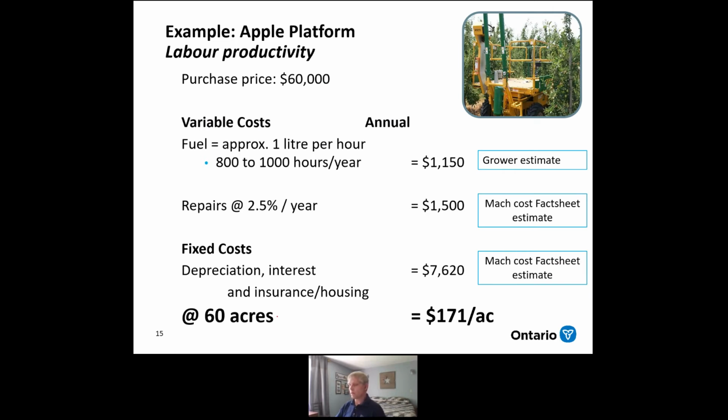So you've got to come up with some estimates, and the machinery cost fact sheet can help on that. In our study, it came out that on our 60-acre typical orchard it was going to be $171 per acre, the additional cost of this additional piece of equipment on farm.